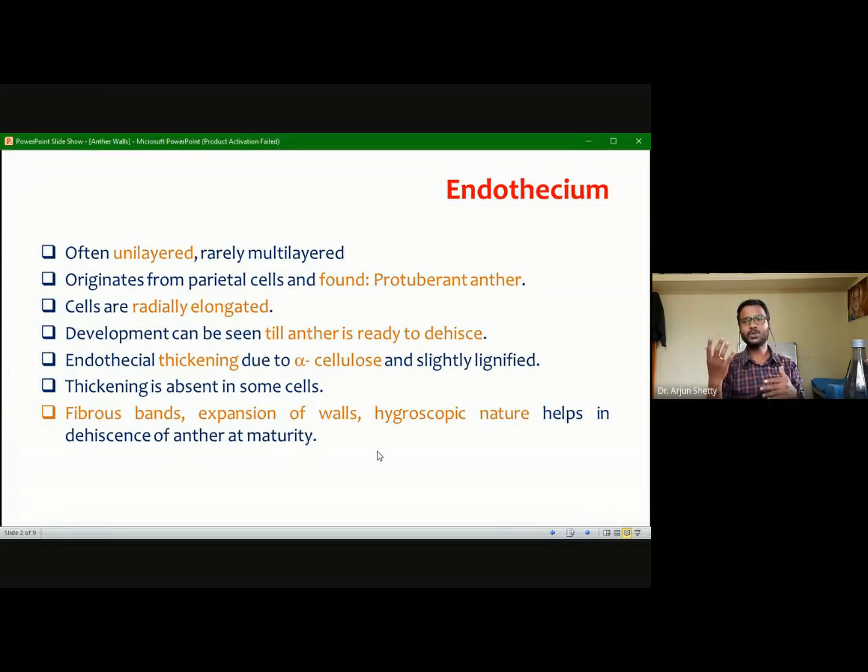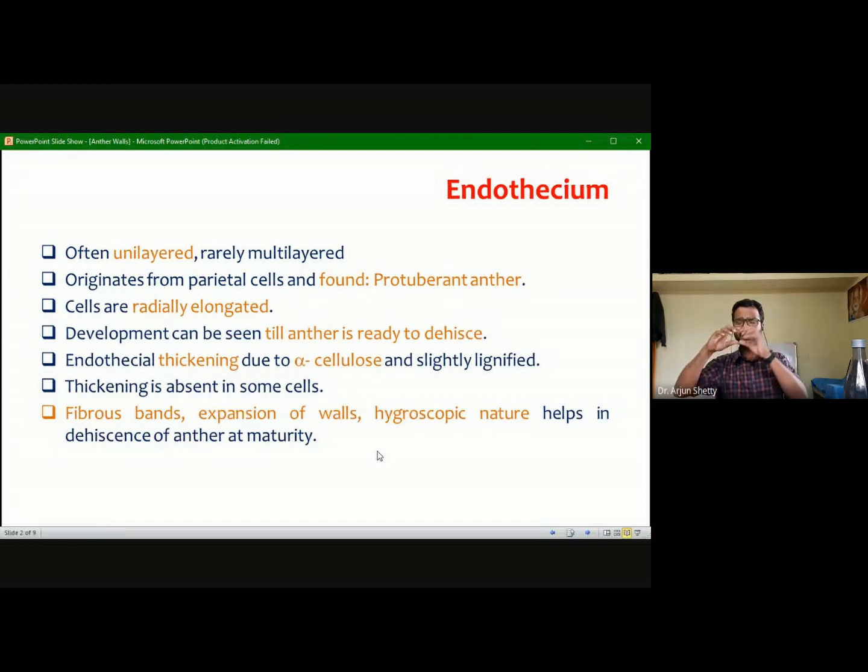The endothecium is made up of polysaccharides, preferably cellulose. In most organisms, as the microspores complete, or at the late meiotic stage, the endothecium becomes a fibrous structure and a dry coat. That is what we discussed in yesterday's class.